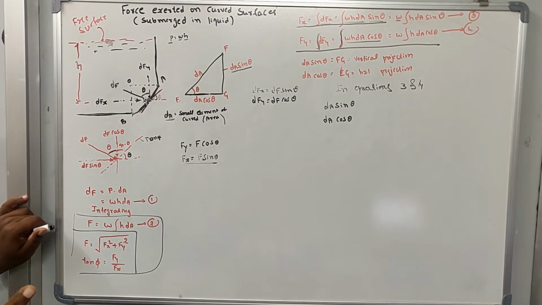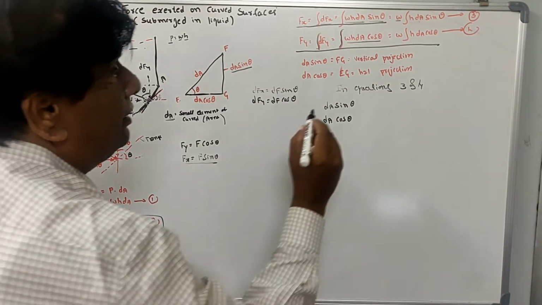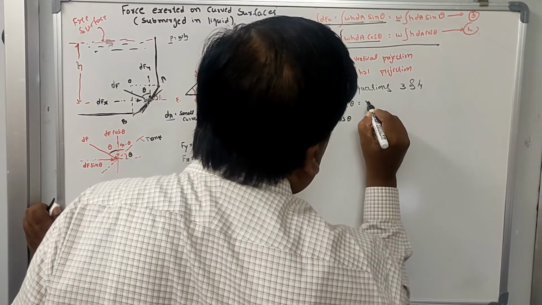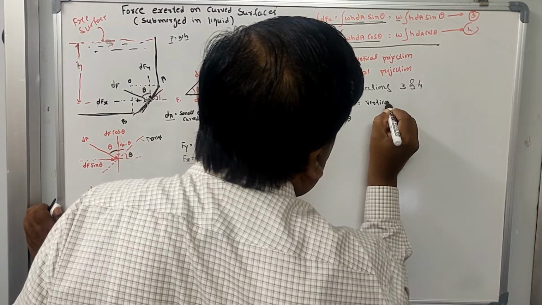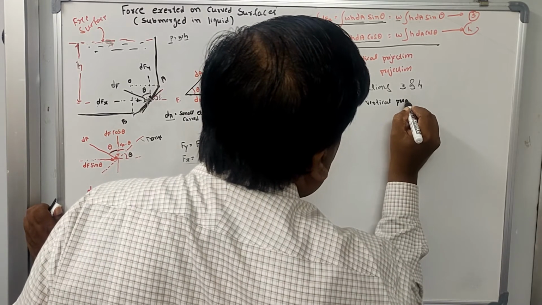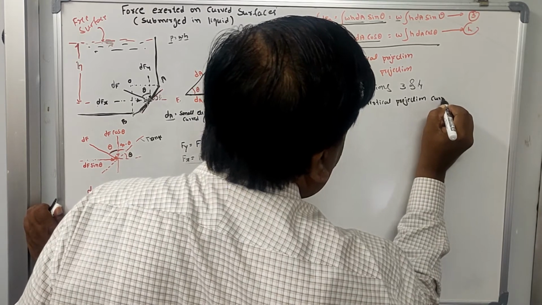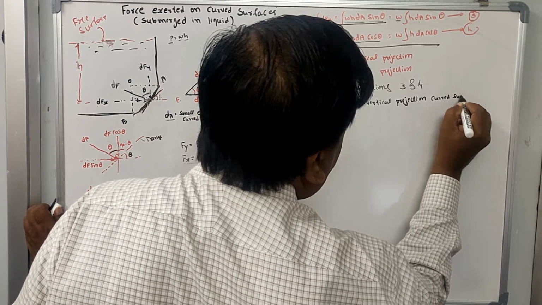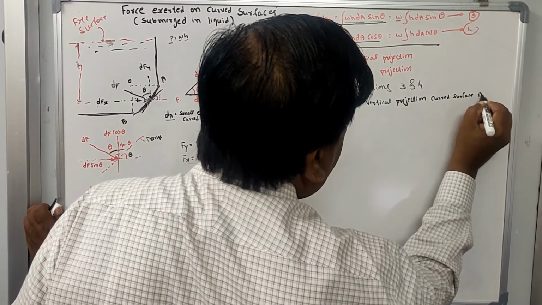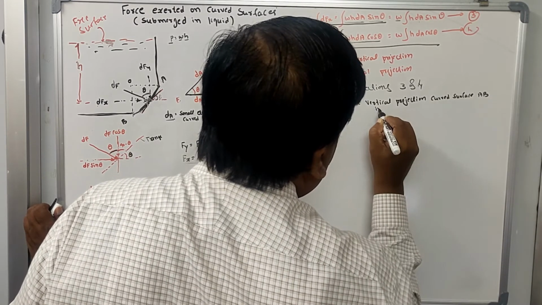This dA sin theta represents the vertical projection of the curved surface AB in the vertical direction.